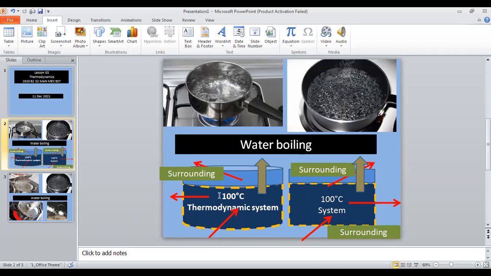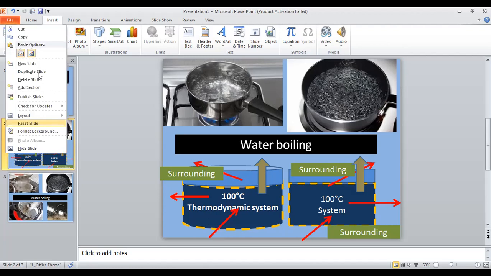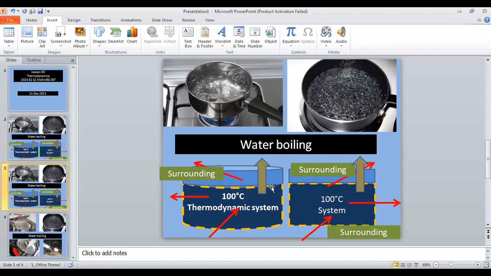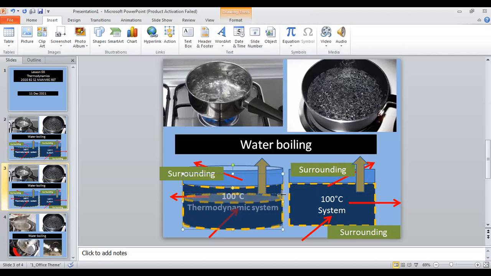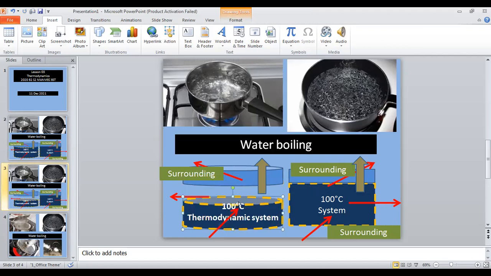Okay. The point is here, let me duplicate this slide. When water evaporates, the system boundary changes.